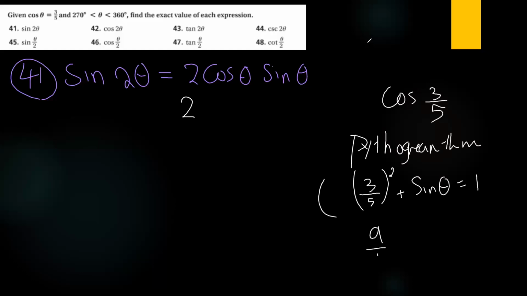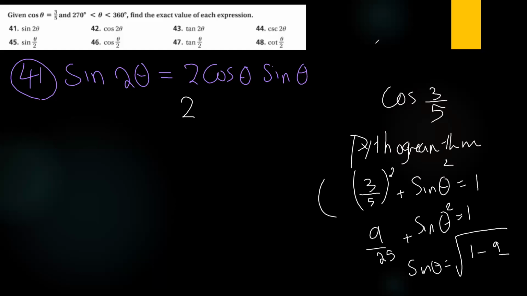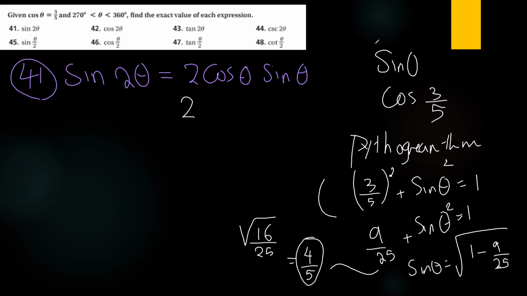So 9 over 25 plus sine squared of theta is 1. So sine of theta will be the square root of 1 minus 9 over 25, which is the square root of 16 over 25, which is 4 over 5. So by the Pythagorean theorem, we find that sine of the angle theta is 4 over 5.